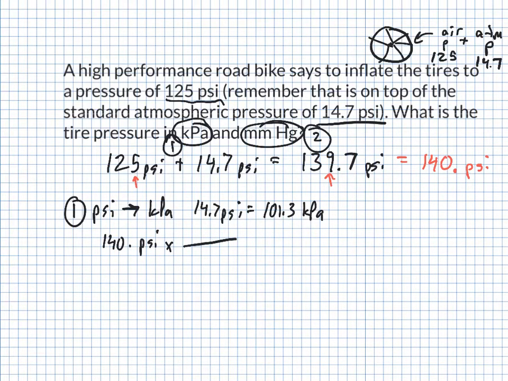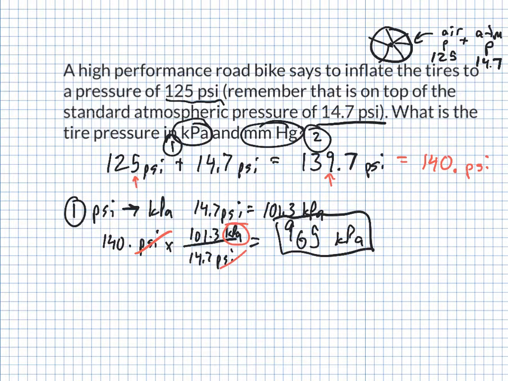I start with psi, so I have to divide by my psi and multiply by my numerator, 101.3 kPa. Again, units cancel, leave me with the right thing. I have 3 significant figures there in that 140, right? Remember, that's why we put the decimal there. So 140 times 101.3 divided by 14.7, 3 significant figures. That's going to give me 965 kilopascals. All right, that's a lot of pressure.